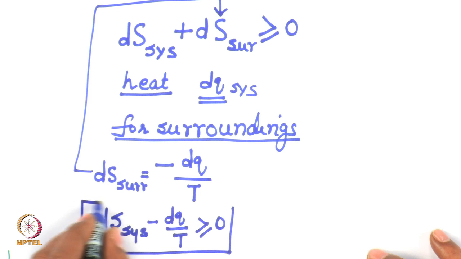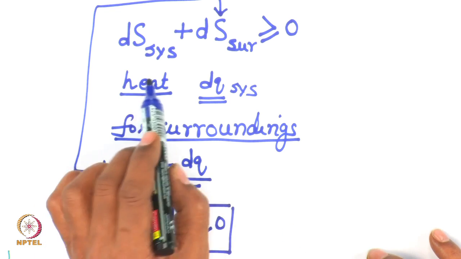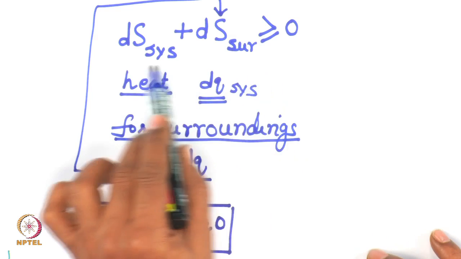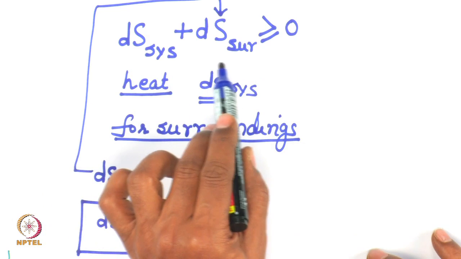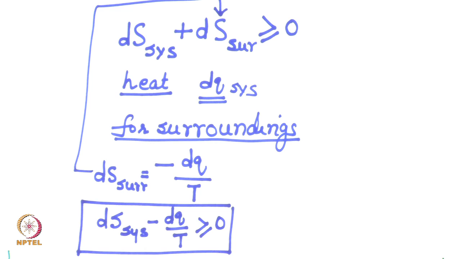From this general equation, that is by the second law of thermodynamics, dS system plus dS surroundings greater than or equal to 0, I am going towards deriving another equation.